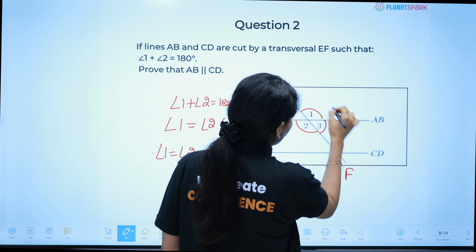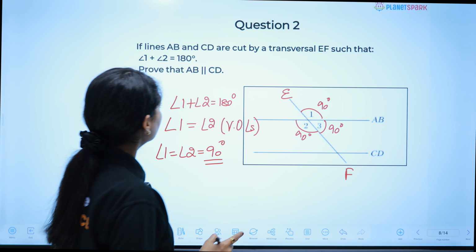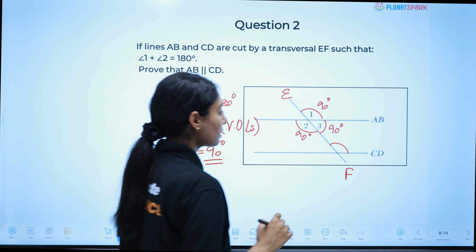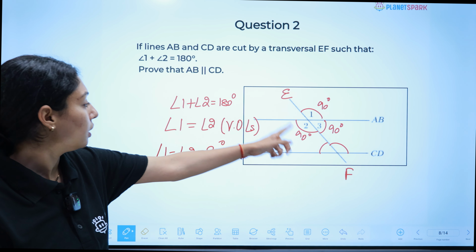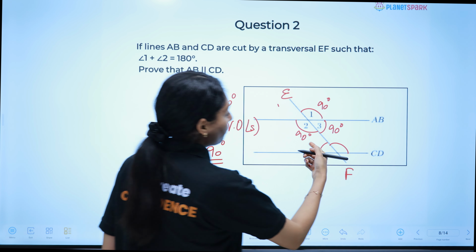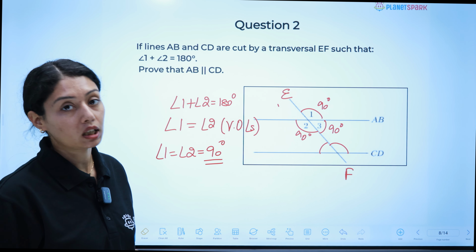right? Then from there we can move to the other line, right? So how can we prove them to be parallel? इस angle की हम बात कर सकते हैं, right? इस angle की हम बात कर सकते हैं. So from here we can see if all of these are coming to be 90, 90, 90, then here if any of the angle is 90 degree, then we can say the lines are parallel, right? How?